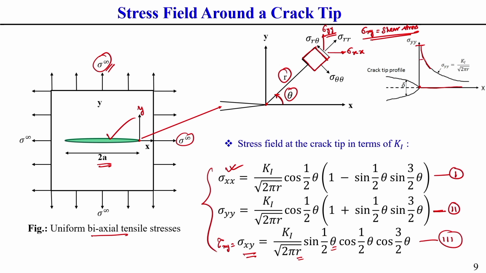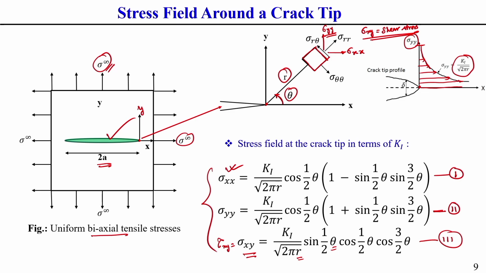If we go a little bit away from the crack tip zone, this sigma yy value, which is perpendicular to the crack length, reduces. Near the crack zone, sigma yy will be high. If we go away from the crack tip, the magnitude of sigma yy also reduces. How it varies with r is shown here.